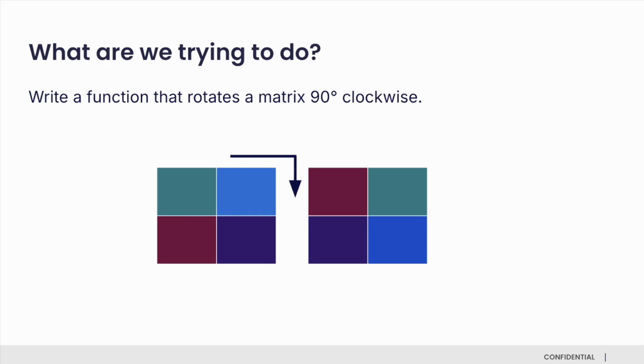You'll notice that this top left teal green quadrant rotates from the top left to the top right. The top right quadrant, that's blue, now is the bottom right quadrant. The bottom right purple quadrant is now in the left position, and this bottom left burgundy quadrant rotates up to the top left. This is a simple visual of what we mean by rotating an object 90 degrees clockwise.